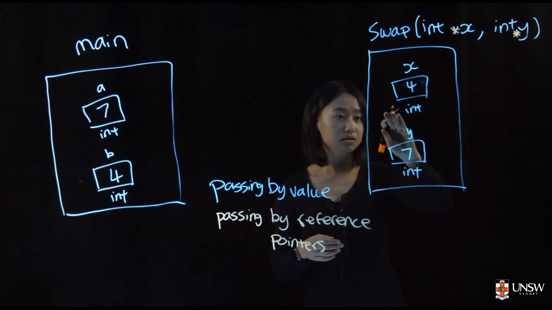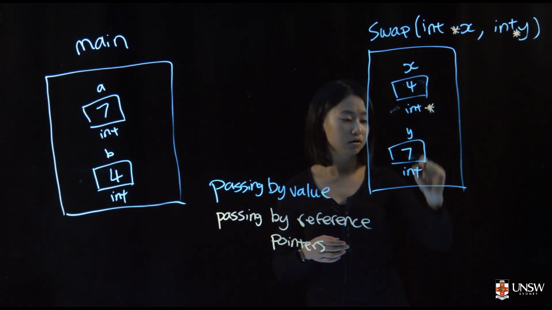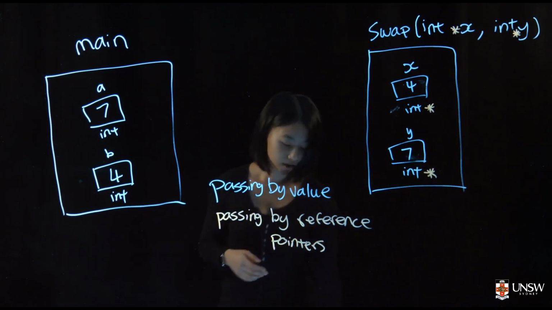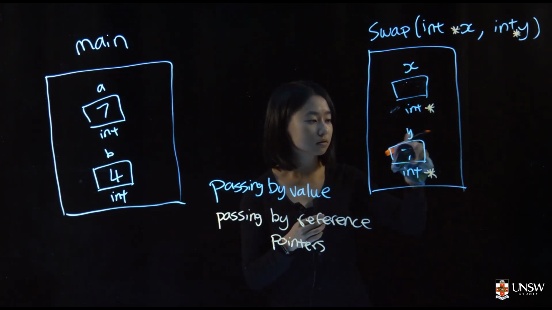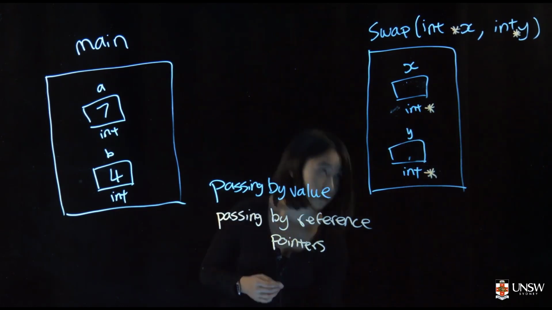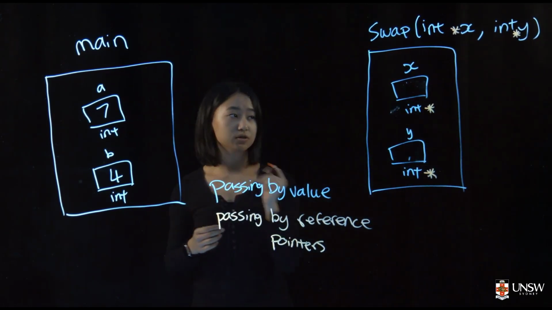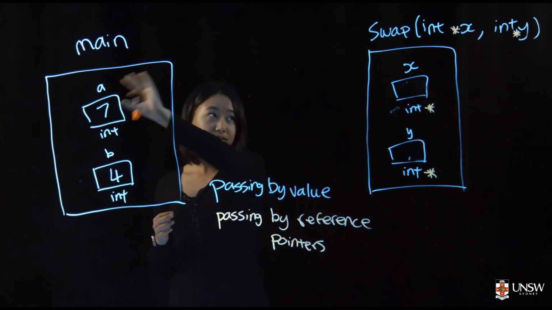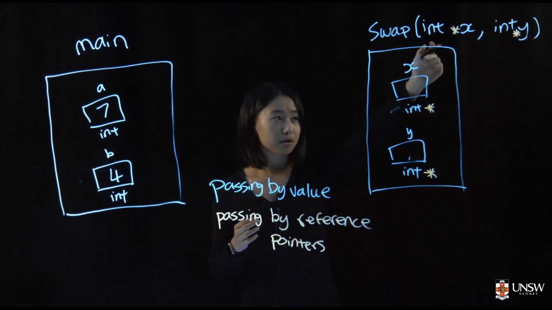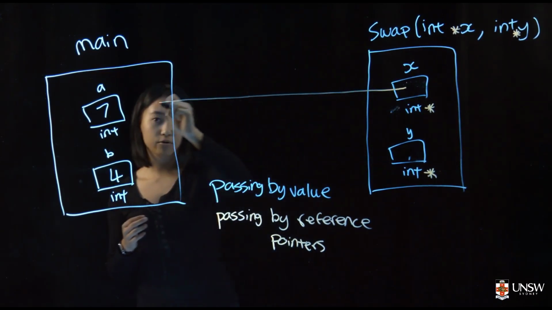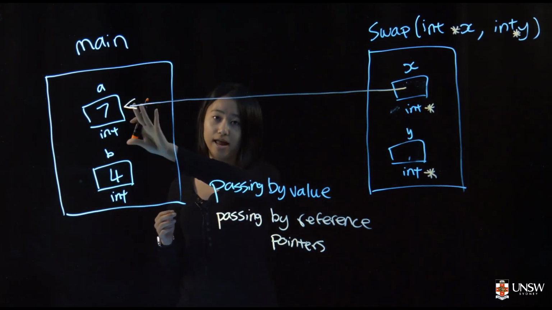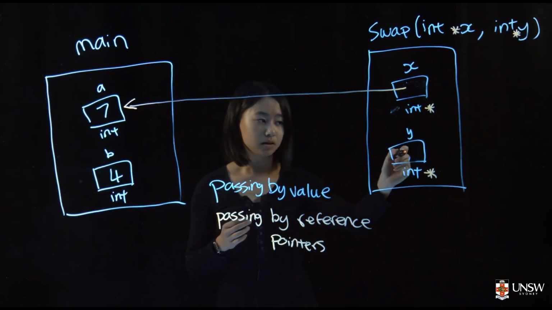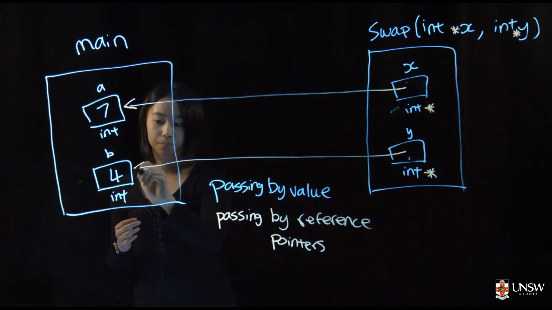So now this is of type int star. And instead of the values 4 and 7, we now have pointers to these original values. So I pass a by reference to swap. X will have a pointer to a. So x now points to where a is stored in memory. The same thing goes for y.